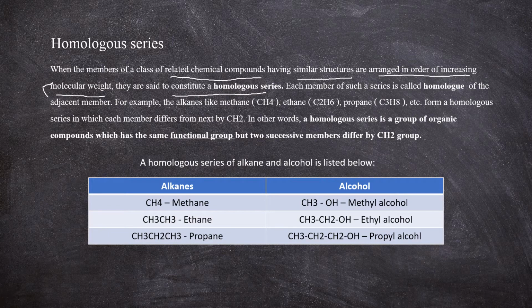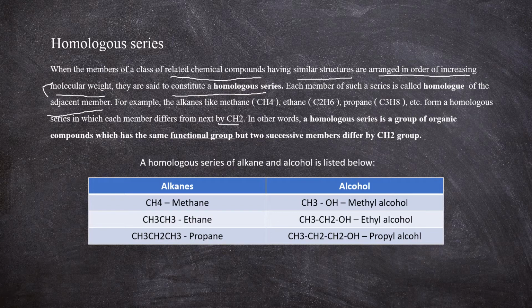Each member of such a series is called a homologue of the adjacent members. For example, the alkanes like methane, CH4, ethane, C2H6, propane, C3H8 form a homologous series in which each member differs from the next by CH2.